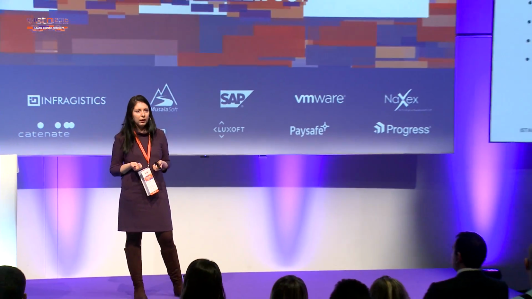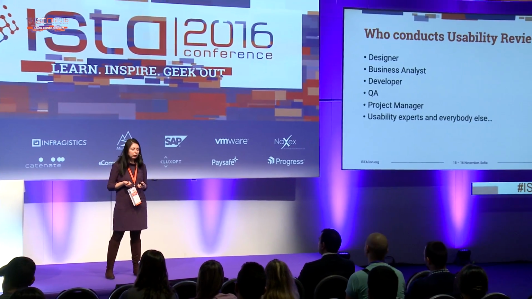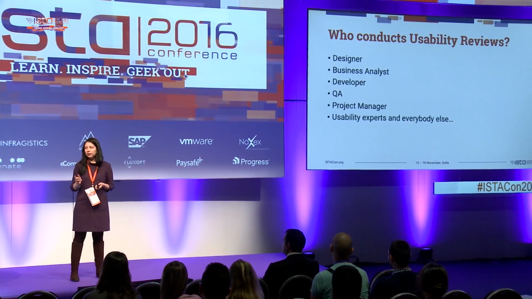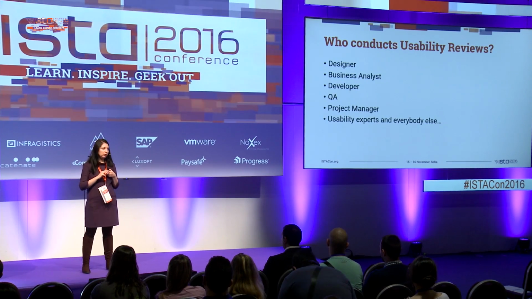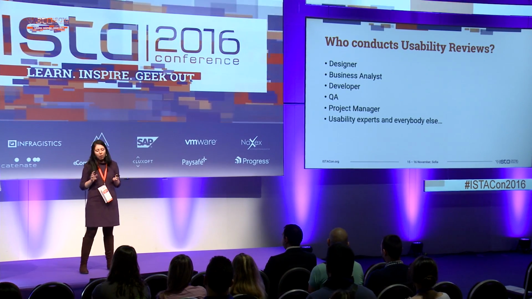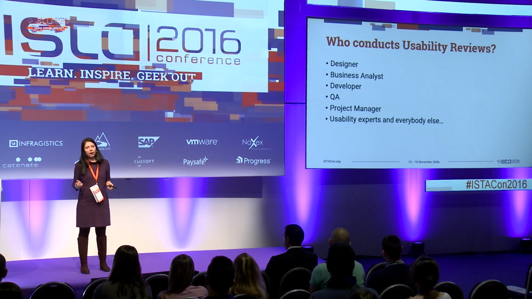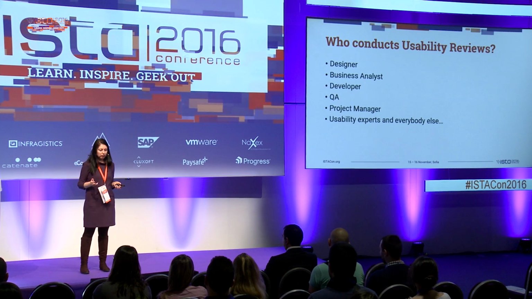Or is that the business analyst because he is talking all day with the client? Or maybe that's the developer. He's doing the implementation of the system, right? The quality assurance specialist, he's testing the system, it definitely should be his fault. Or the project manager, or whoever is leading the process.